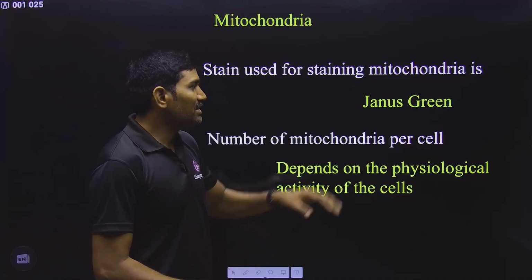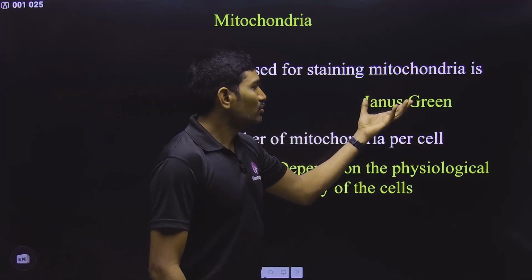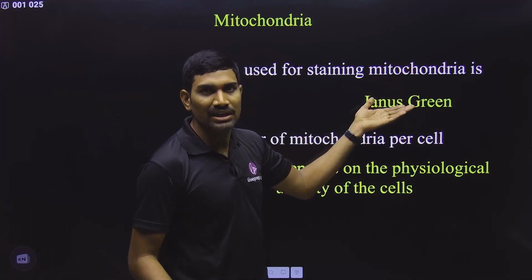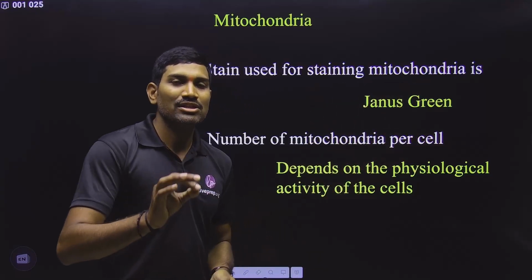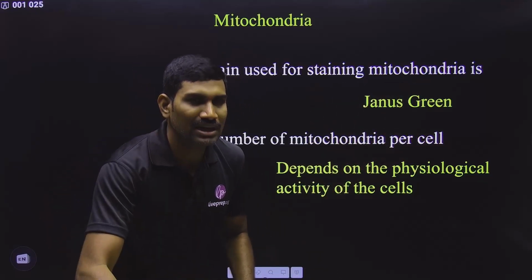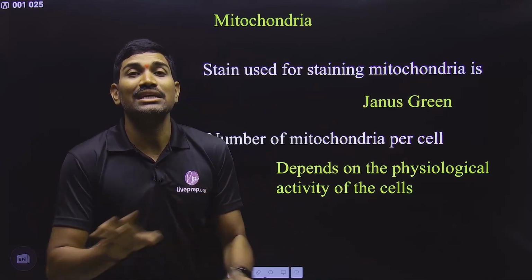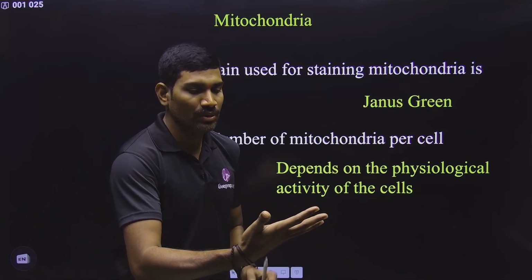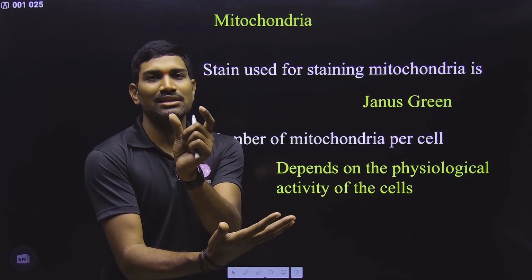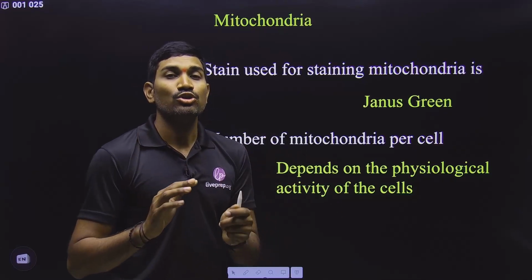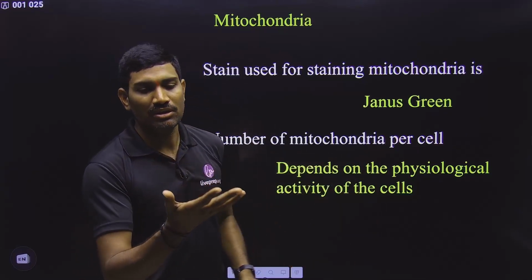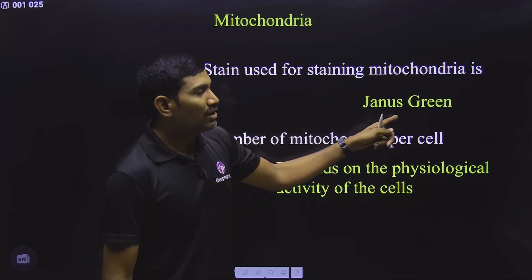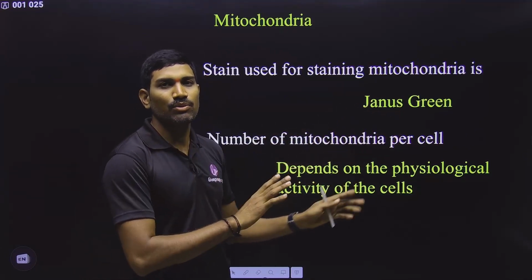So for the specific staining of mitochondria, if you are using the Janus green dye, it will specifically stain mitochondria only. Other organelles cannot be stained. So when you are observing under the microscope, whatever is the stained organelle, that itself is the mitochondria. So you can easily locate the mitochondria under the microscope if you are using the specific dyes. This is the point they are saying.